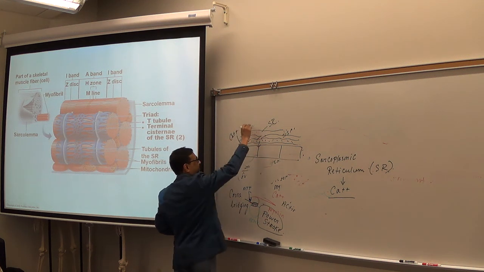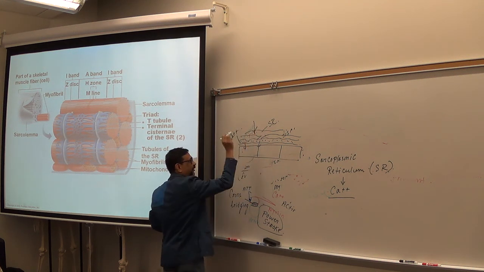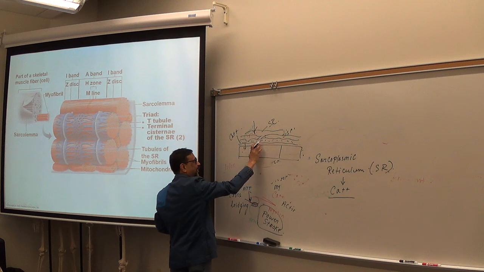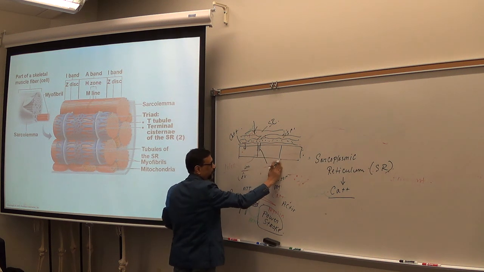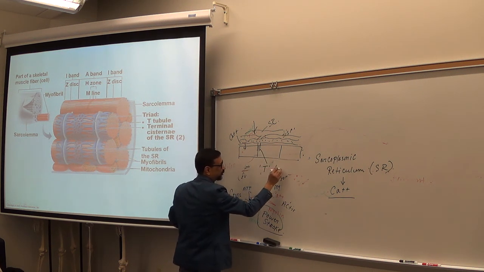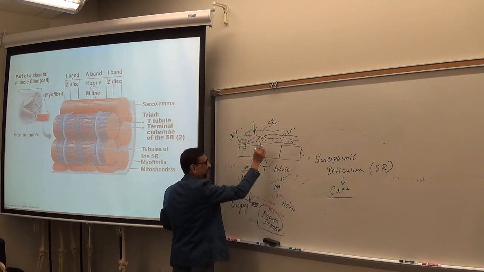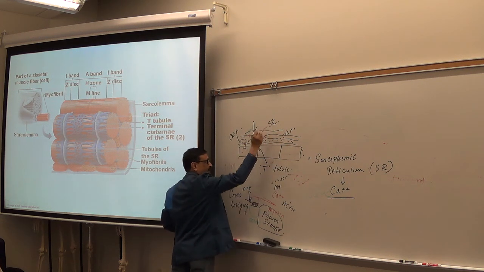What happens when a signal arrives, and tells the sarcoplasmic reticulum, now you release calcium because we need muscle contraction? What happens? You have a tube that takes the calcium from SR to inside. That is called the T-tubule. T-tubule. That takes the calcium from SR to inside.